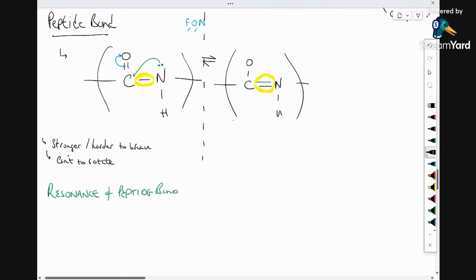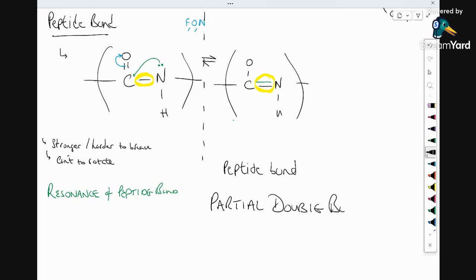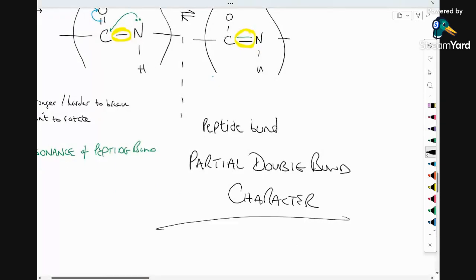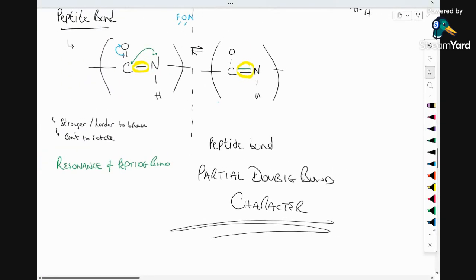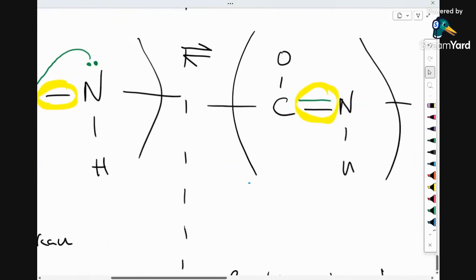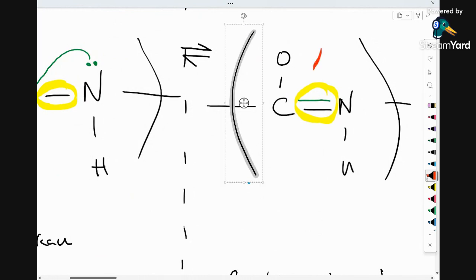So we say that the peptide bond has partial double bond character. And all you need to really be worried about is that this gives it increased stability, but it means we cannot rotate.